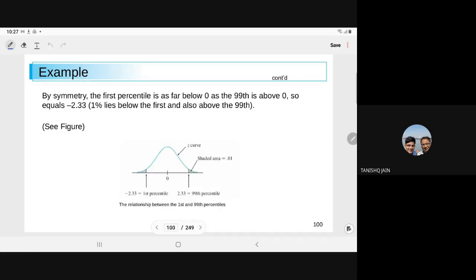Similarly, due to the symmetry, if we have 1% on this side, on this side also we have 1%. So this value will be z equal to 2.33, and this value will be z equal to minus 2.33.